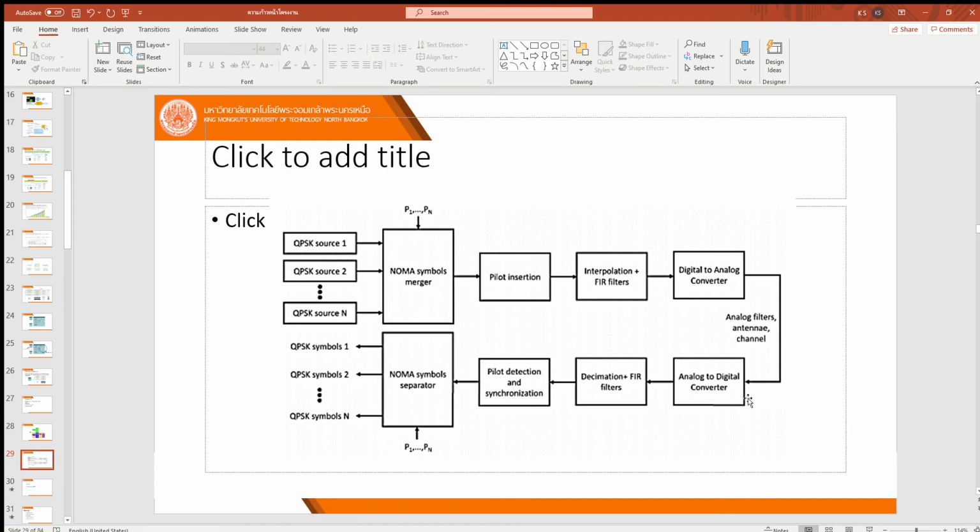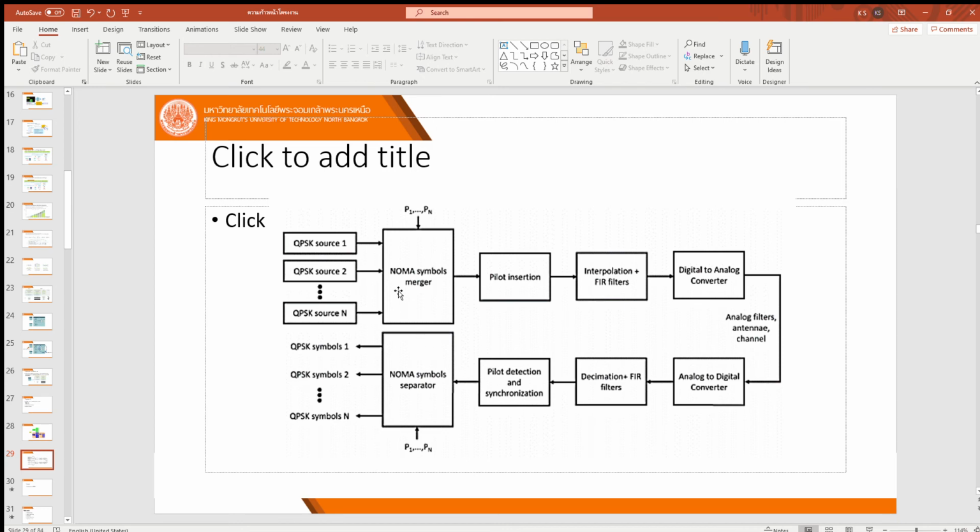Then the signal goes to the receiving antenna. It will be received, and then the analog signal will be converted back into digital again. Then you do the demodulation and FIR filter again. Then you remove the pilot using pilot detection and synchronization.